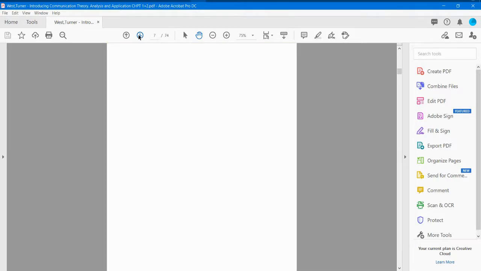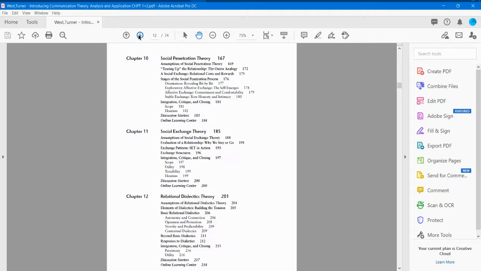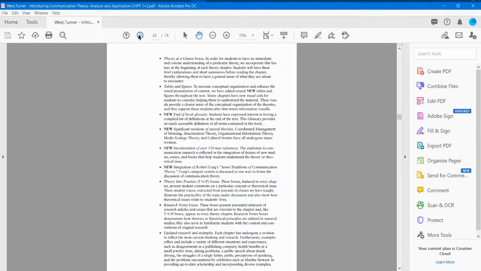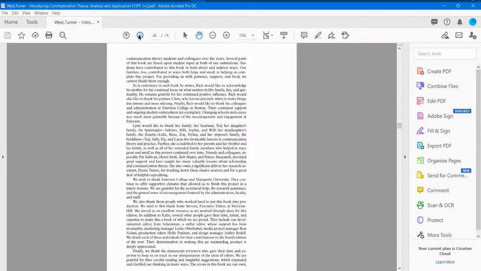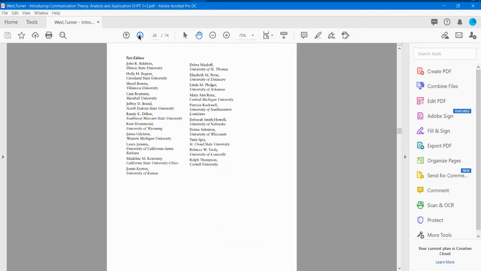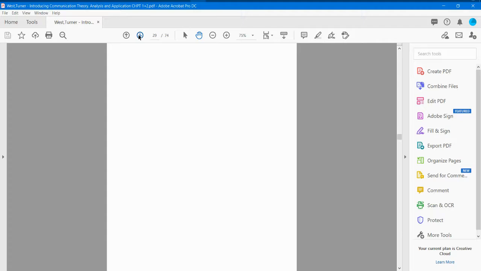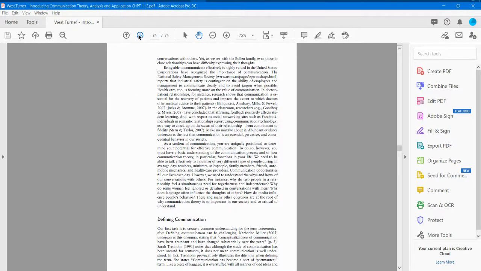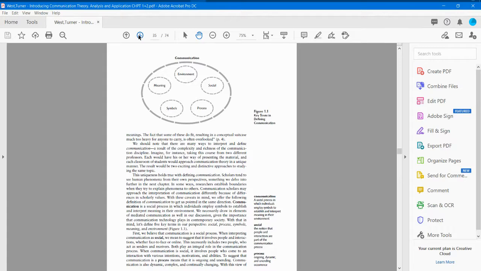Just go to the first chapter. You will notice in your textbook that there are some words on the side of your page that you may consider definitions. I'll just point it out to you.